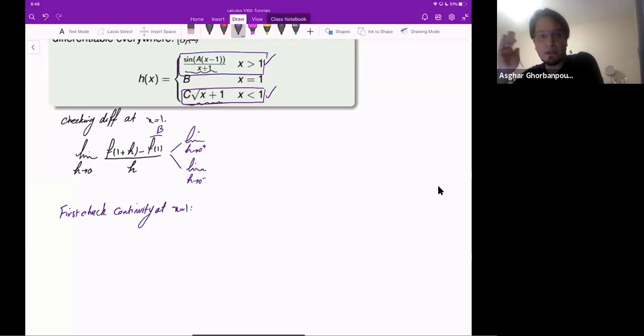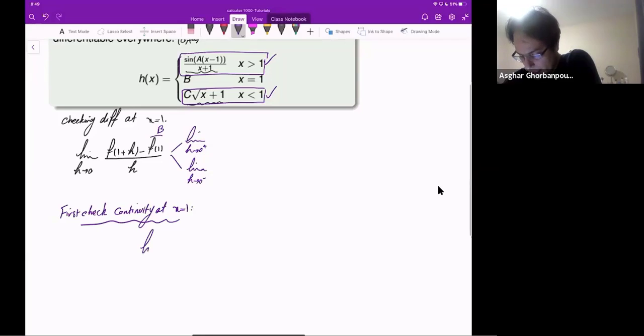You are right, but we know that if a function is differentiable at a point, it will be continuous at that point. By checking continuity, we are just going halfway. We are not completing the task, but we are hoping to find something there that we can use for the other formula.